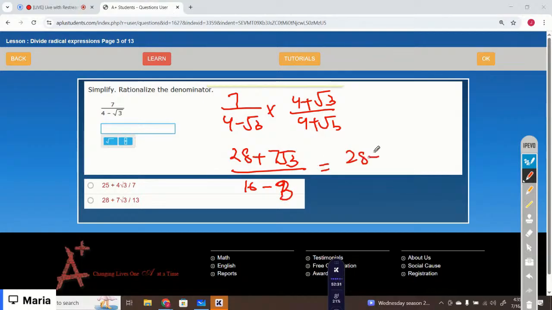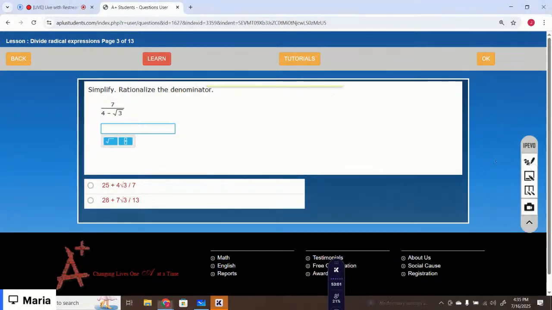So it will be 28 plus 7 square root 3 over 13. So option number two is the correct option. Option number two is the correct option.